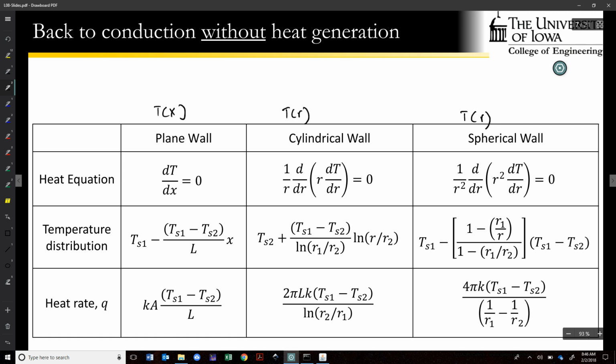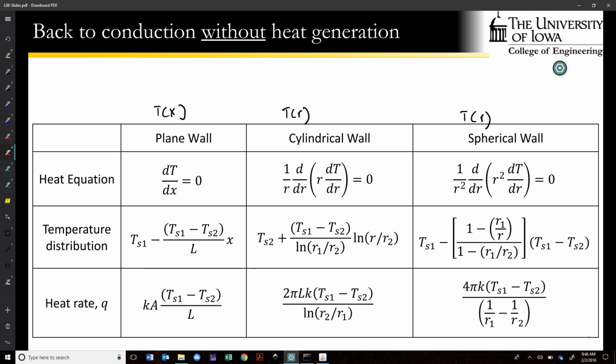So we've got the version of the heat equation that we seek to solve. Once again, this is for no heat generation and steady conduction. So this is the simplest of all cases with the heat equation. So we end up with our dT/dx equals 0, the cylindrical version, and the spherical version.